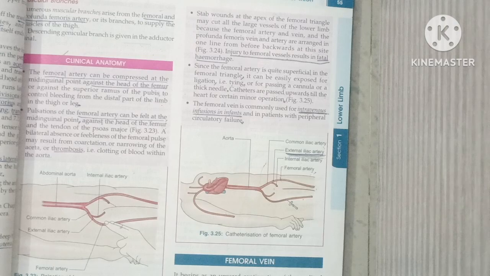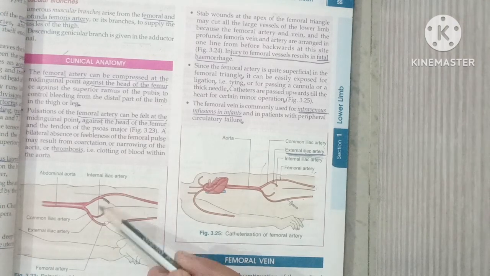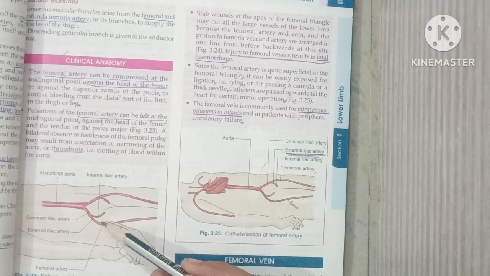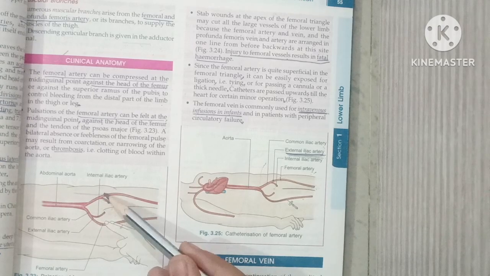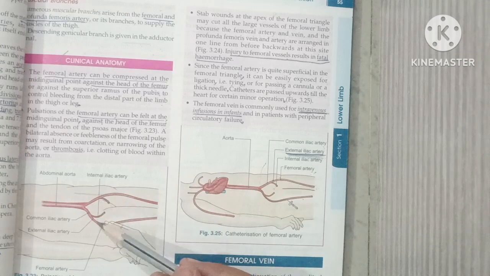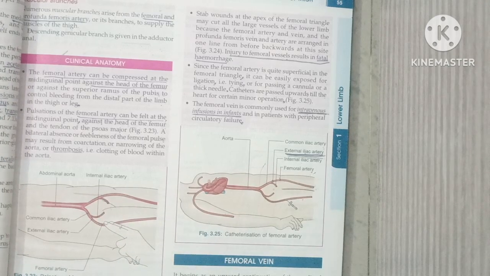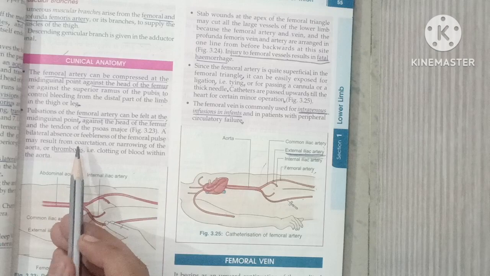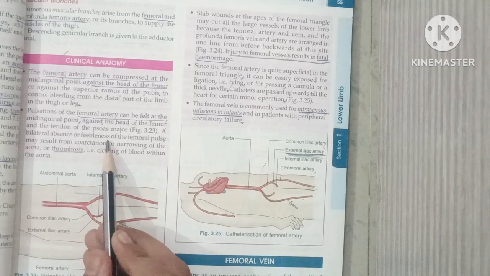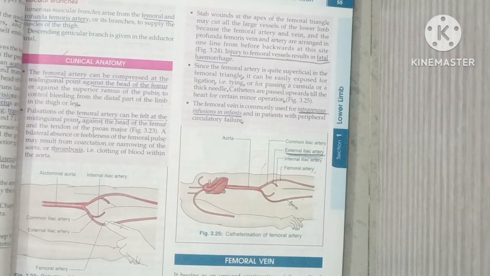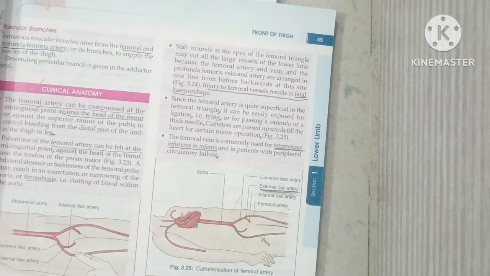Bilateral absence of pulsation means both femoral arteries are not getting the same pulsation, so it is called bilateral absence of pulsation or feebleness of the femoral pulse. Then if there is an injury through a stab wound of the femoral vessels, it results in fatal hemorrhage.